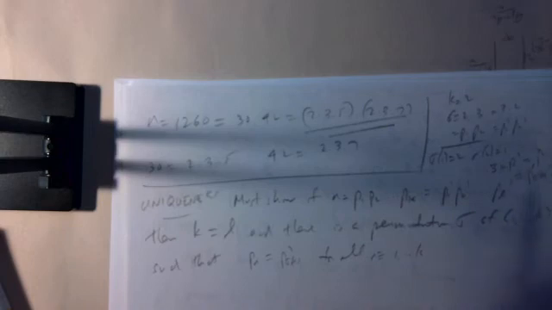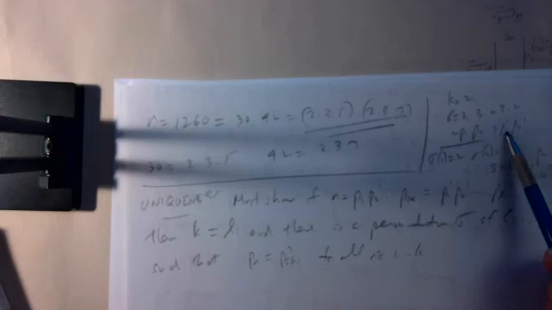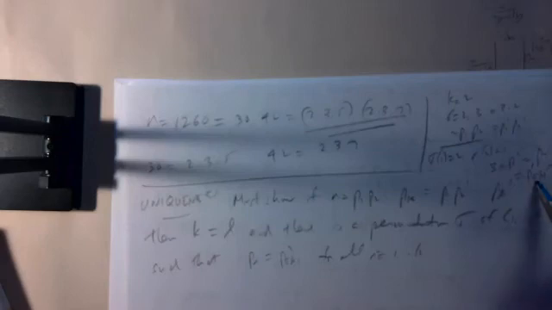Three is p2, and it's also p1 prime. So p2 is p prime sigma of 2. Sigma of 2 is 1, and p1 prime is 3. That's correct.